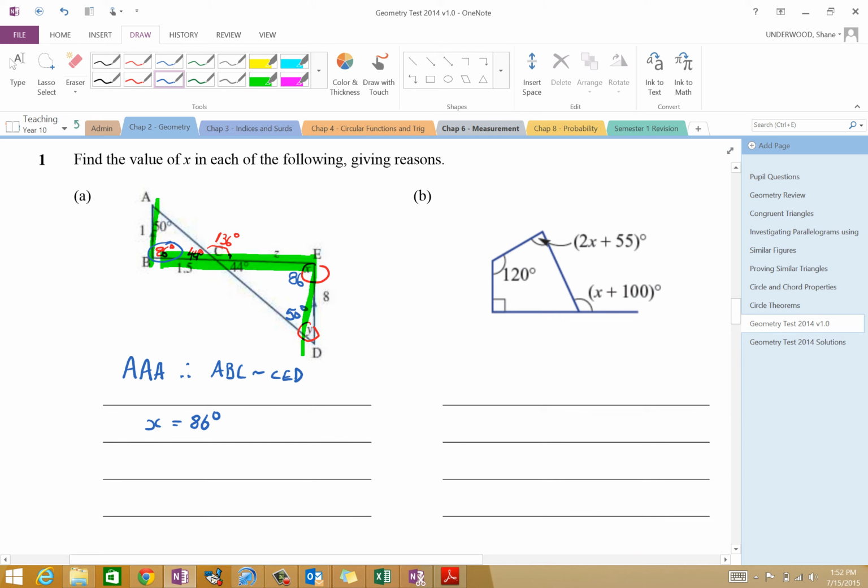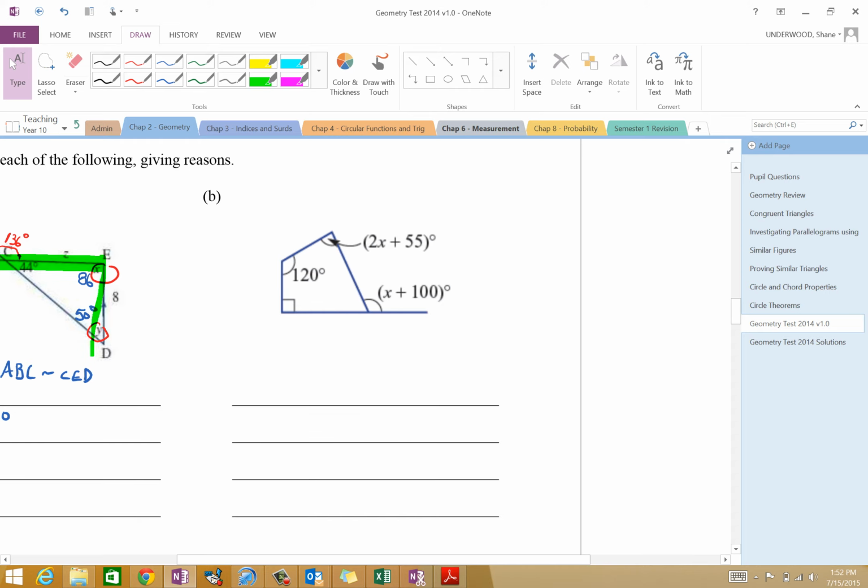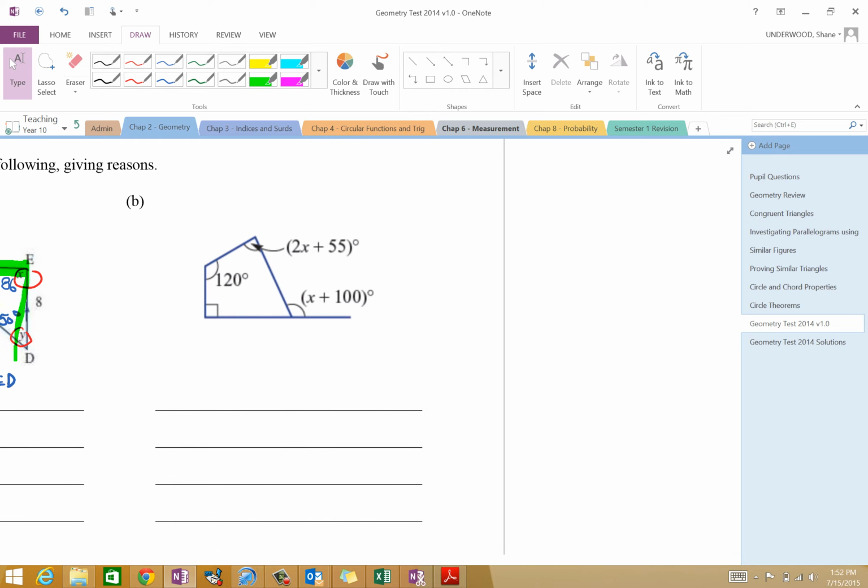Makes sense? All right. Now what about over here? I've got a four-sided polygon. So first of all, how many degrees are going to be in my four-sided polygon? 4 minus 2 times 180 is equal to 360 degrees.